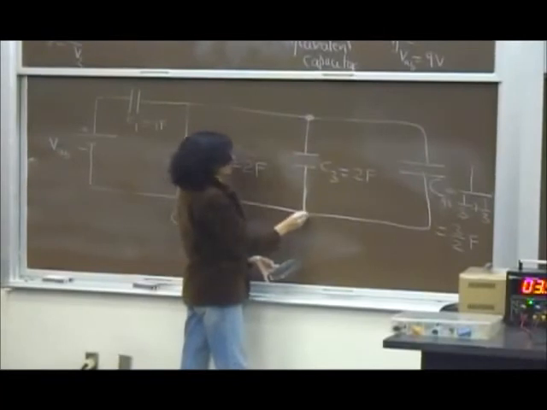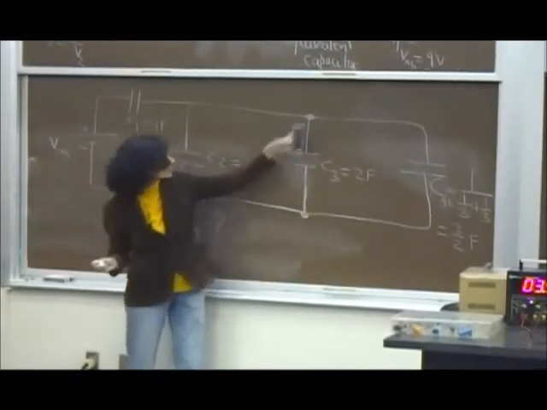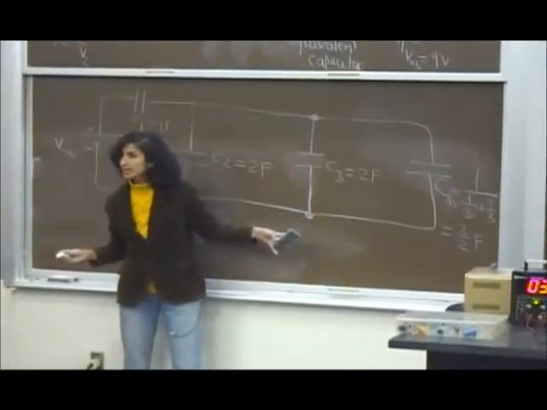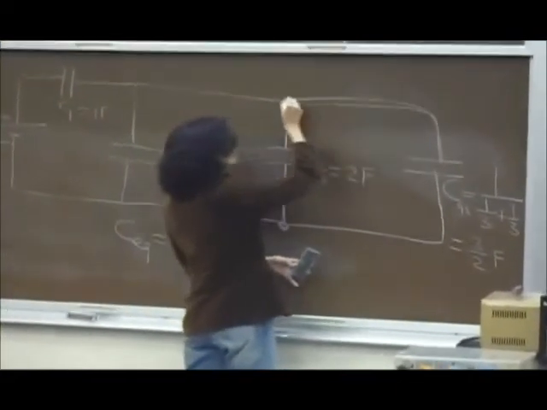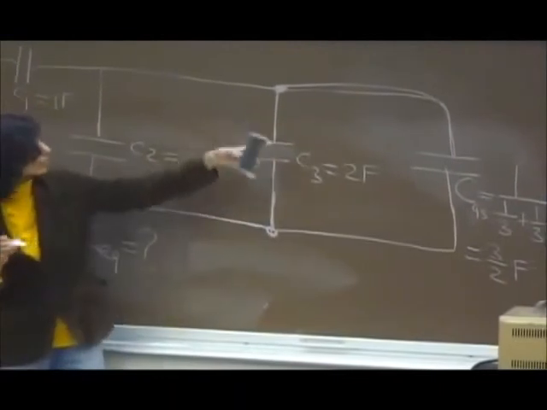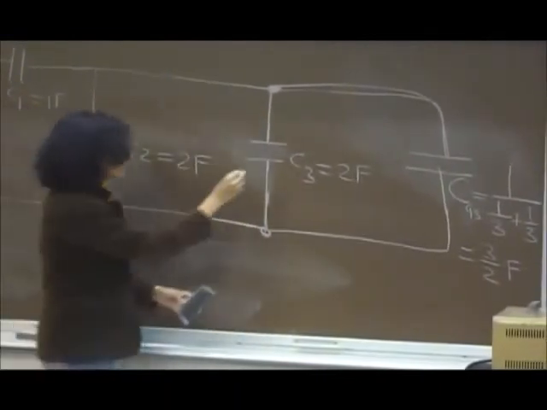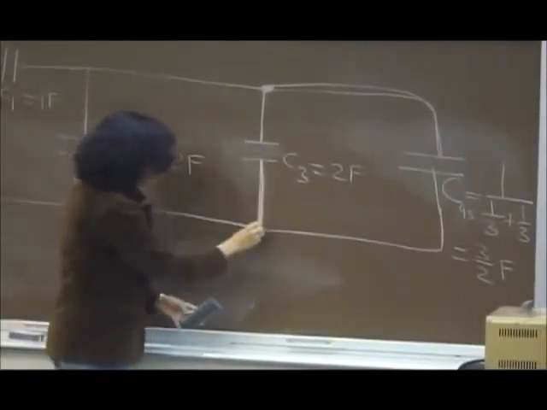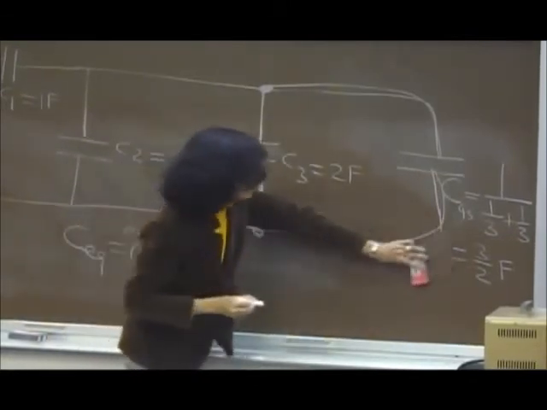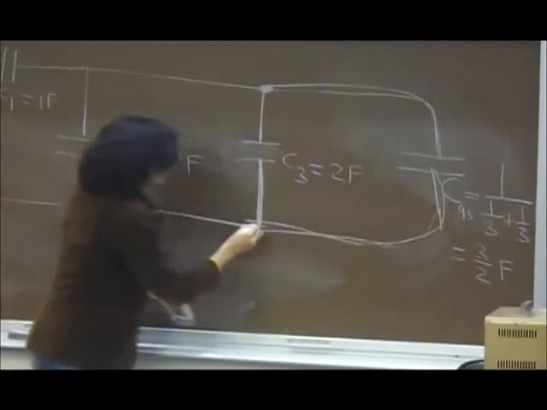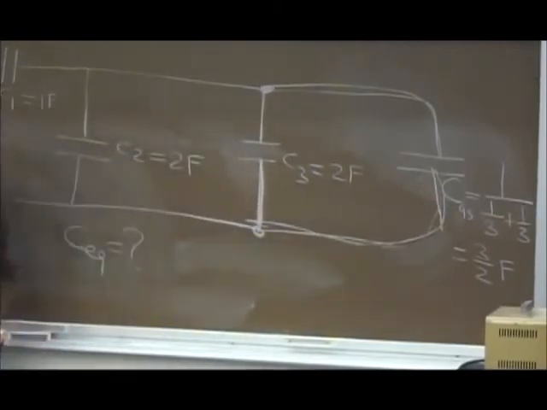If you look at this junction, do you see there's a junction here? Do you see that there is nothing between this one and this one except those two wires are meeting at that junction? Similarly, here, this end of this capacitor is meeting this end. So there's nothing, so these two look like they're in parallel, right?